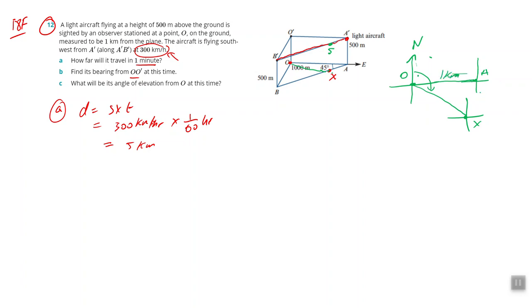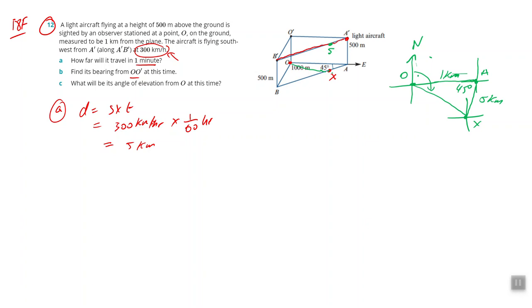A to X we worked out to be a distance of 5 kilometers, and we also know that angle is 45 degrees.